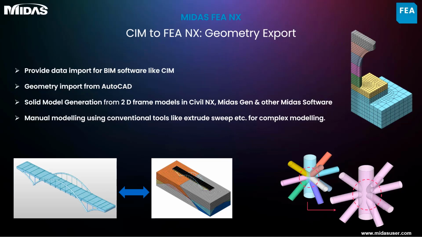Alternatively, models can be created directly in FENX using conventional tools like Extrude, Sweep, and others. Additionally, models or parts of models can be imported from other MIDAS family software such as CivilNX or GEN. For instance, if we have a truss bridge in CivilNX, the joint information can be imported directly into FENX and modeled as a solid or plate for detailed fatigue analysis.